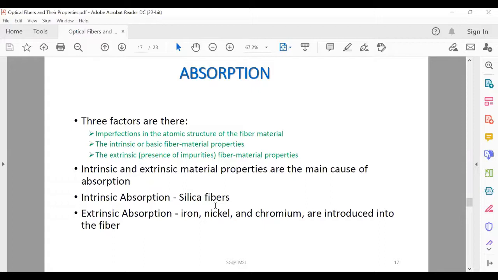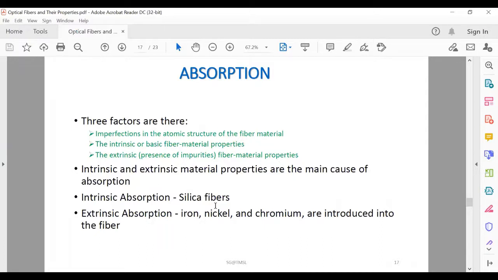In fiber optics, silica or pure glass fibers are used as the intrinsic material, and silica fibers are used because of their low intrinsic material absorption.